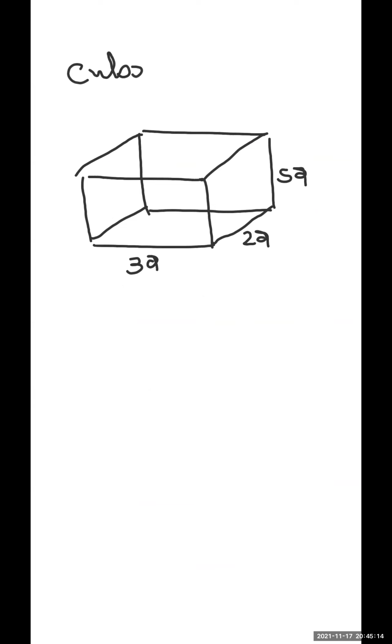If there is a cuboid like that one, this one is 3a, and this one is 2a, and this one is 5a. That one is a cuboid. If I want to get the volume, volume equals length times width times height.